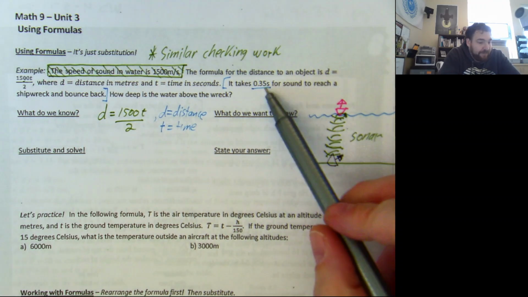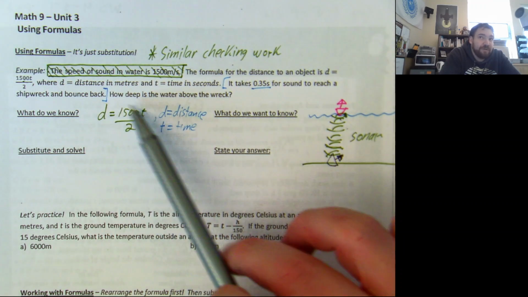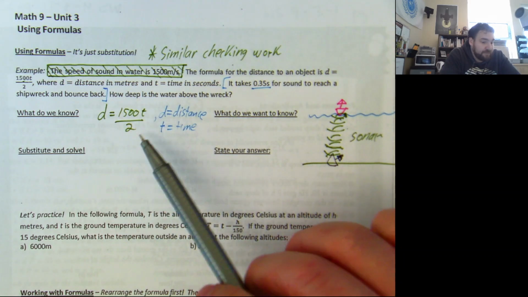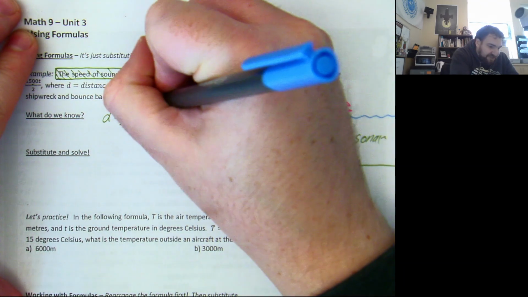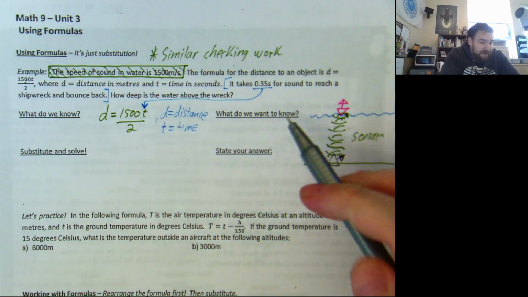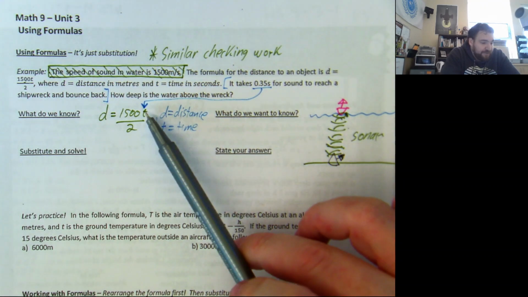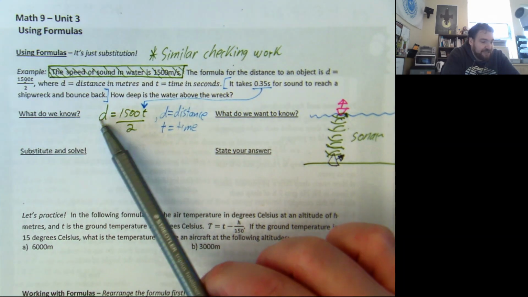If this is a time, how is it going to show up in this formula here? Yeah, we're just going to take this value and substitute it right in there. We have 0.35, that's a time, it's measured in seconds. So it's going to go in there for t.